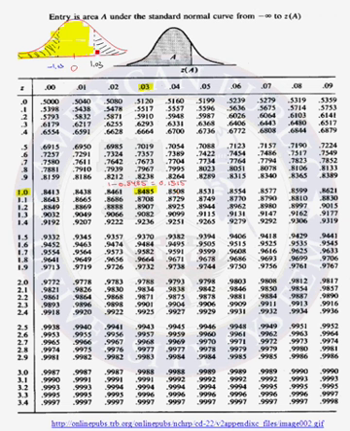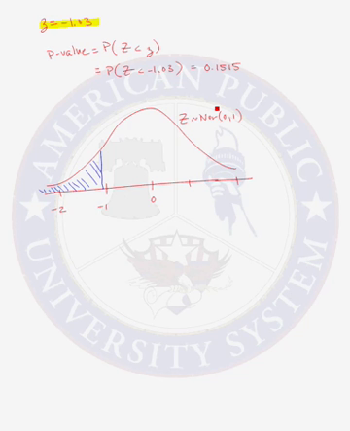So the area to the right of 1.03 equals 0.1515. That also equals the area to the left of negative 1.03, which is what we were looking for. And we have that our p-value is the probability that a standard normal is less than negative 1.03. We just found that to be 15.15%.